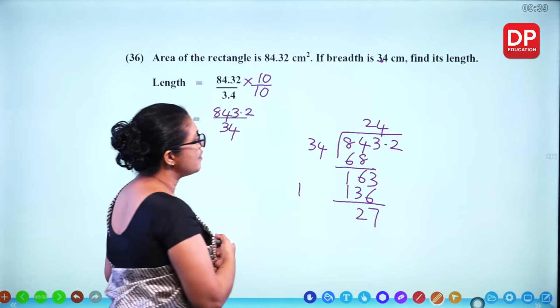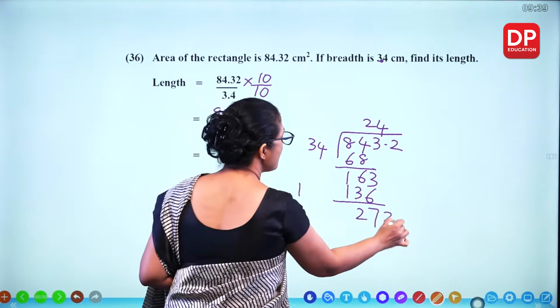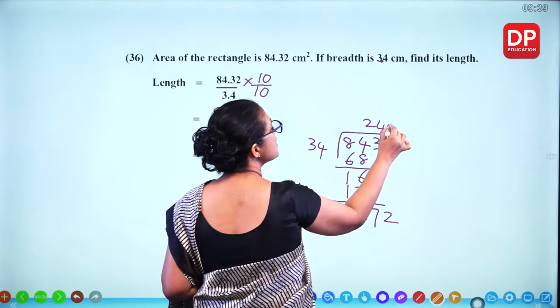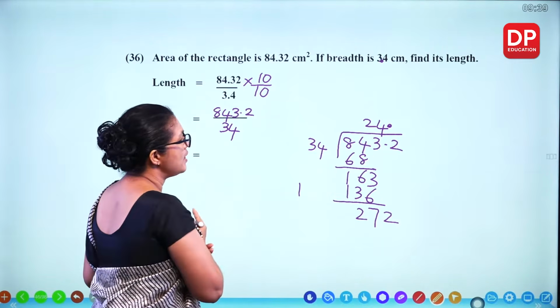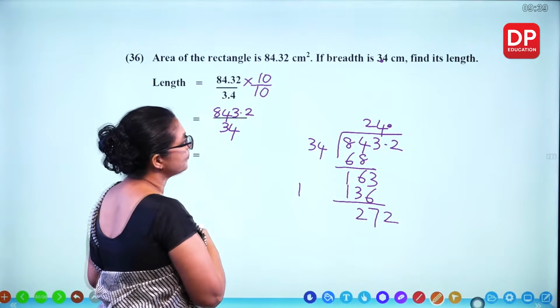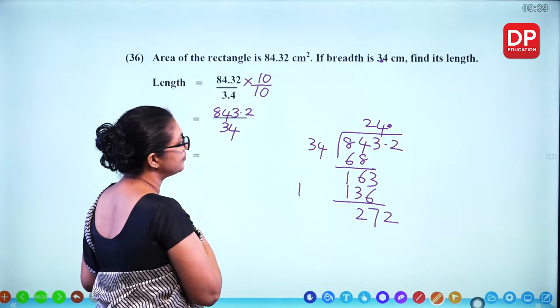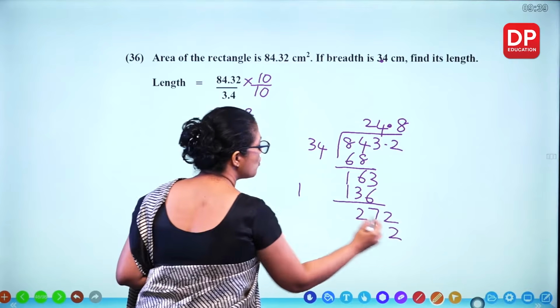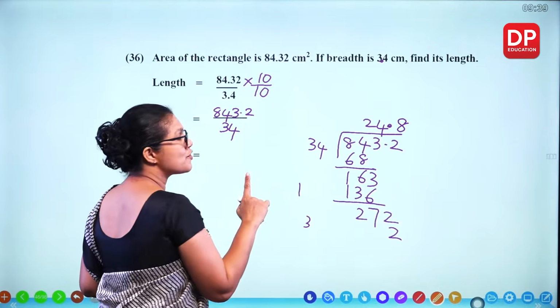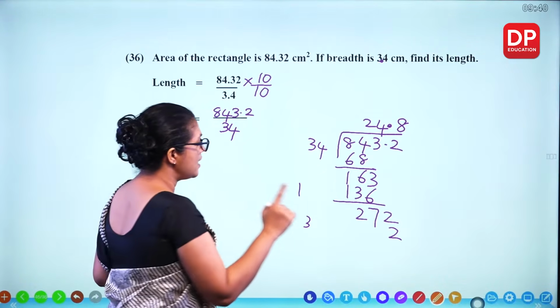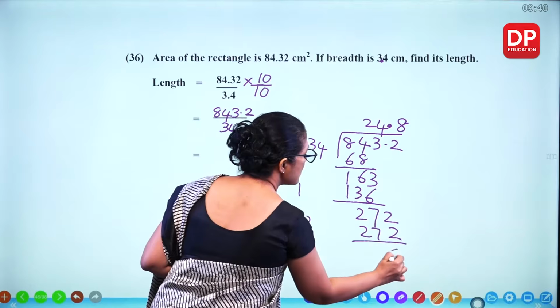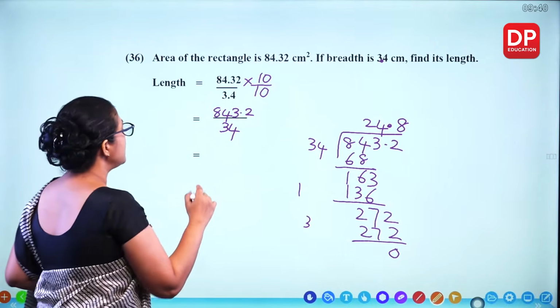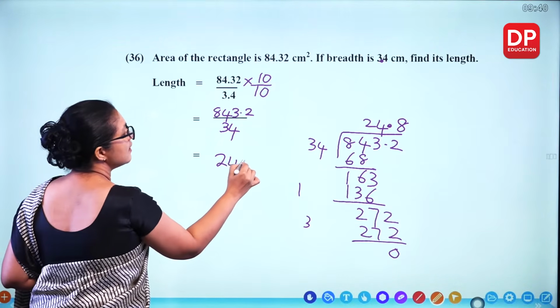So, 27 remaining. So, 272 now. So, put the decimal point. How many 34s are there? 8. 8 times 4, 32. 3 remaining. 8 times 3, 24 plus 3, 27. So, that's 24.8 is the answer.